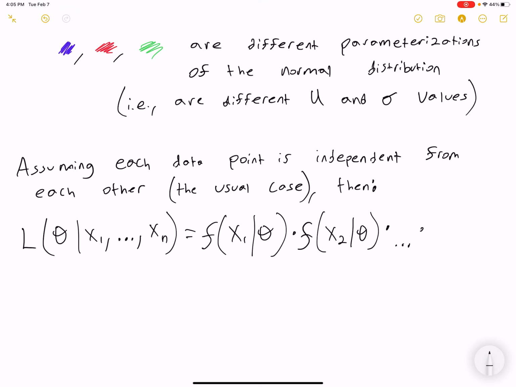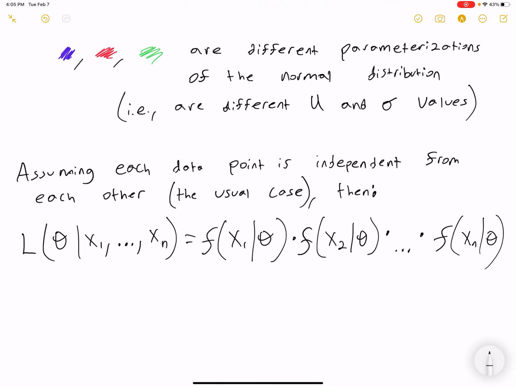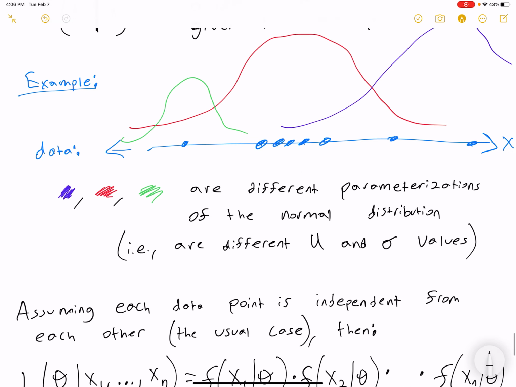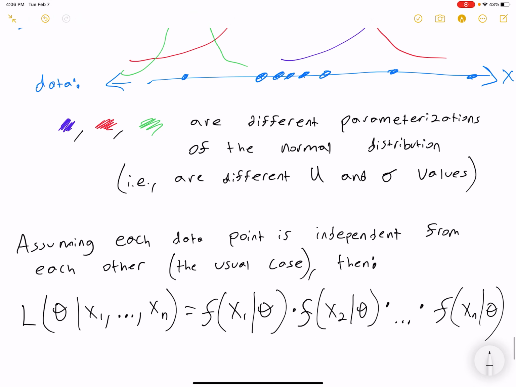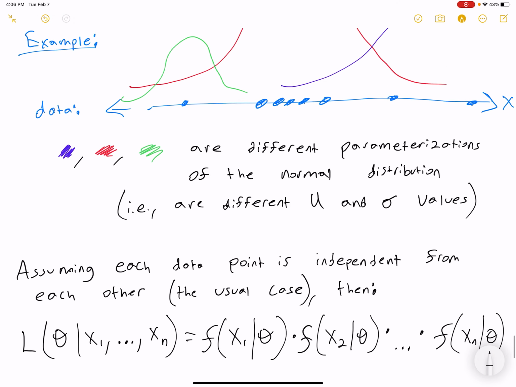multiplied out for each data point. And the intuition behind why this is, you could think of the likelihood as proportional to the probability that you would get the distribution values that you have.